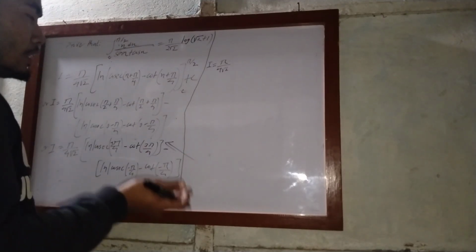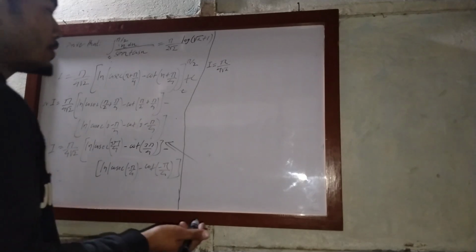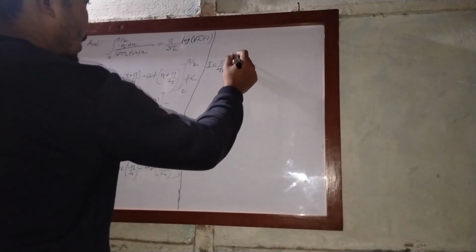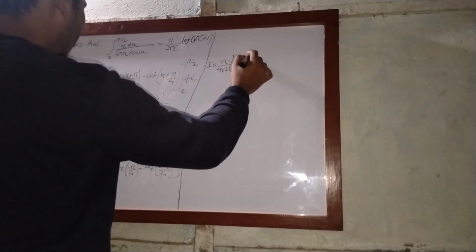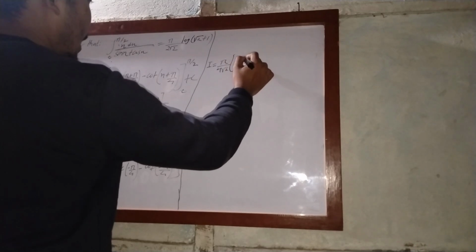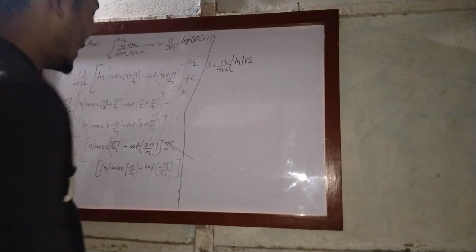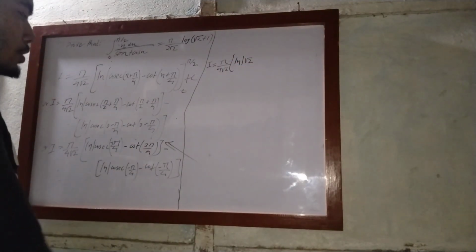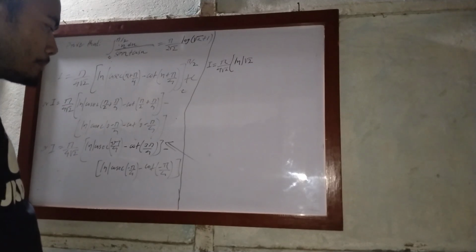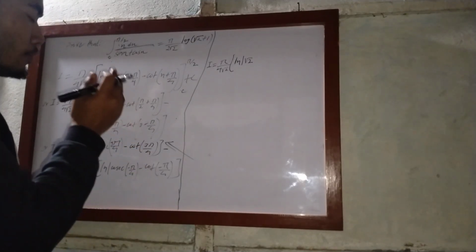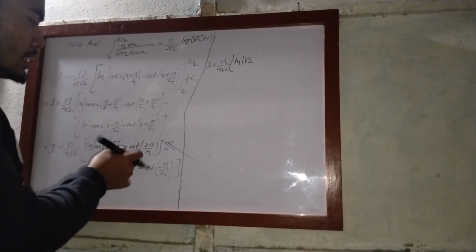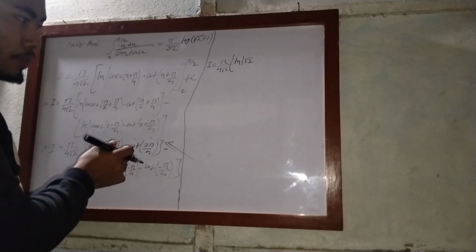That's why cosec 135 is root 2, ln root 2, and this is also 135, cot 135, the inverse of tan 135.